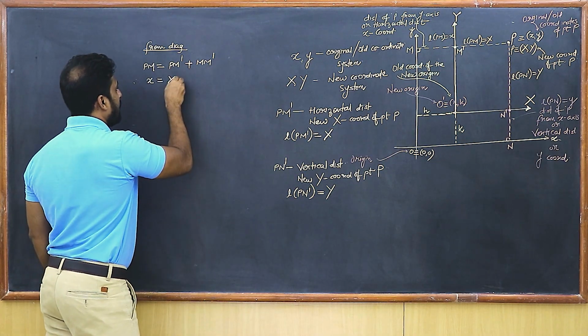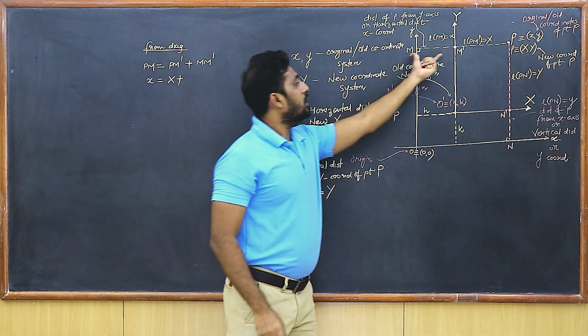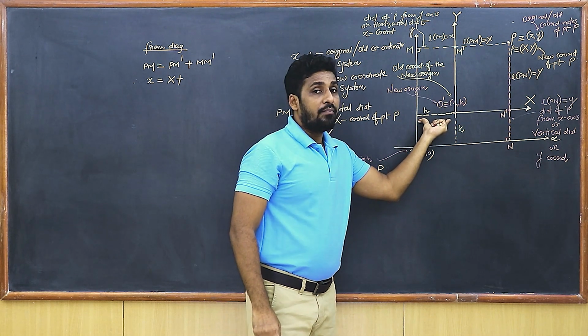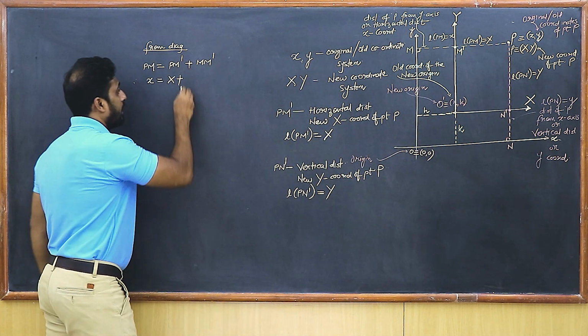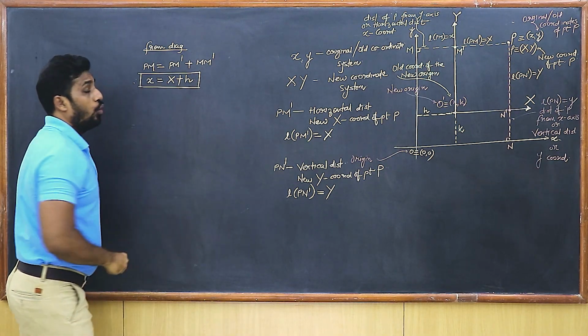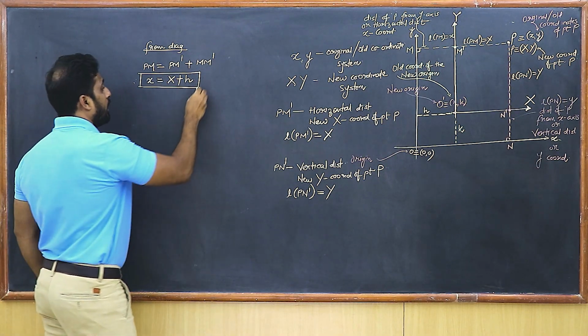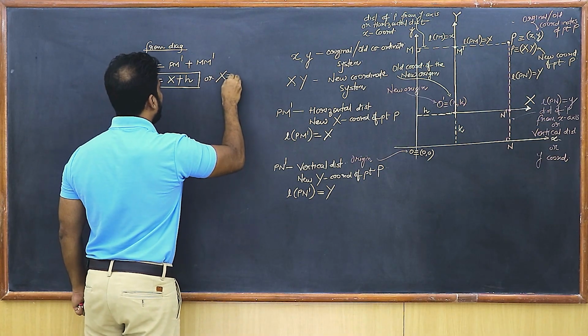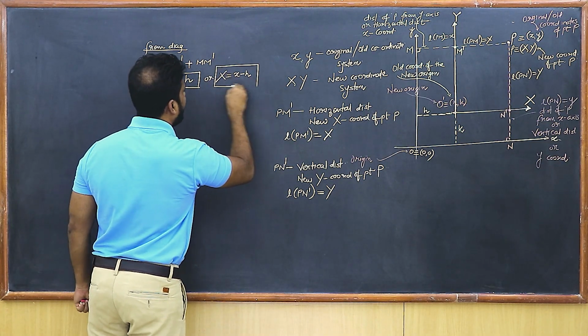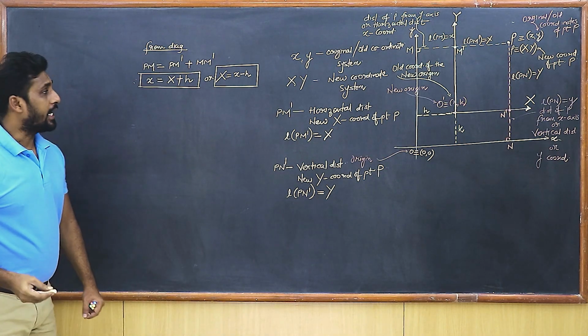It is capital X. And plus MM dash is similar to this value h, isn't it? So MM dash is nothing but h. So I can write here h. So this is the relation between the old and the new coordinates. So from here, can I say capital X becomes equal to x minus h? Isn't it? Capital X is going to become equal to small x minus h.